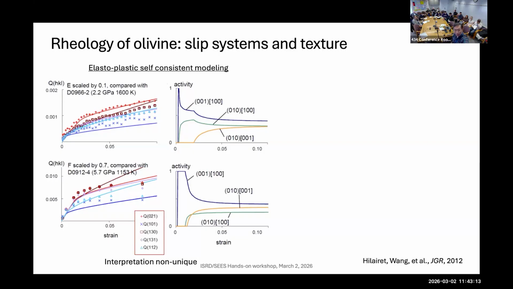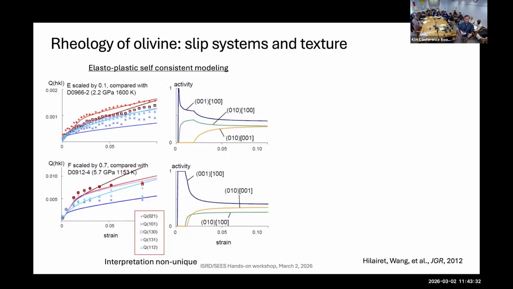So you have this 001, 100 system dropping like that, and then a new slip system, 010, 100, coming up. With all of these fits, this modeling can tell you what kind of mechanism is active during deformation, and how things are changing.